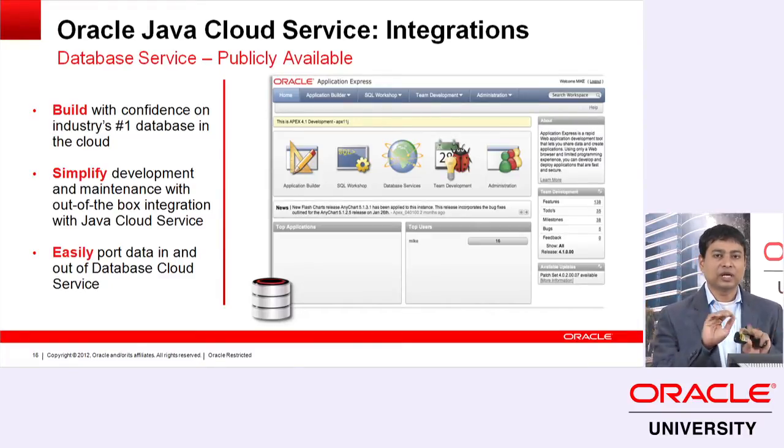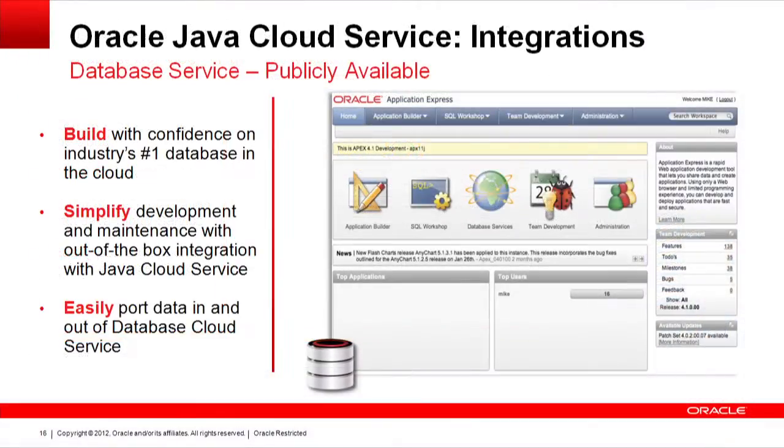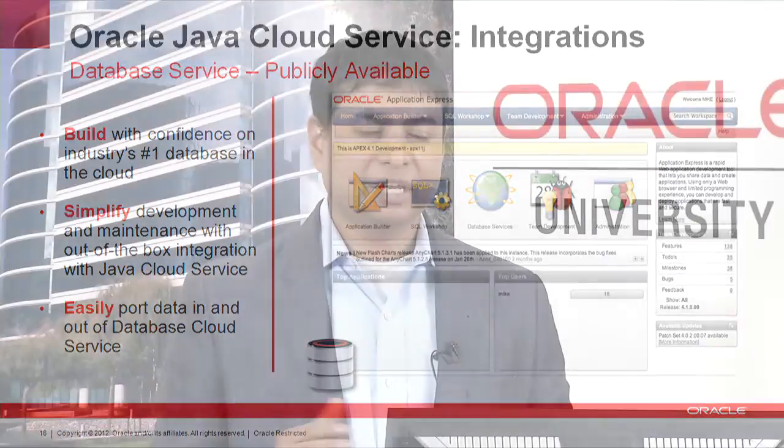And as soon as you do that, we will automatically configure all the data sources and tune them up for your applications. So out of the box, you have that. You don't have to worry about these configurations. It's very simple to get both these environments, a simple click of a button. With the Database Cloud Service, you can import and export data very quickly through their Data Pump features.